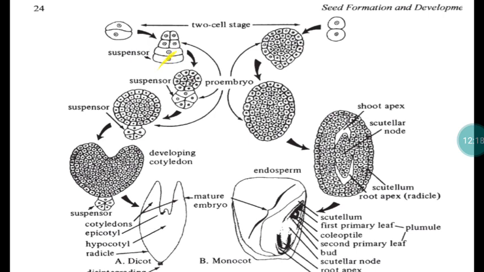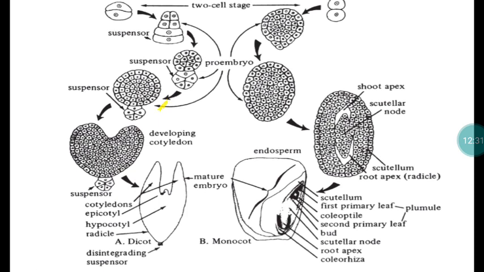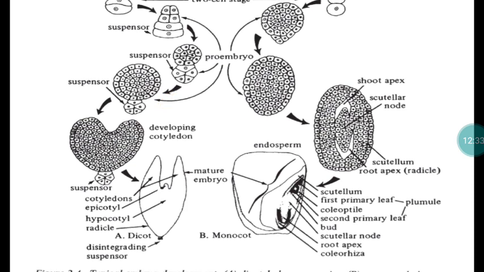The cells on the basal part are known as suspensor cells. The top one is the area related to the embryo. The suspensor and proembryo will go through several rounds of multiplication through mitosis.